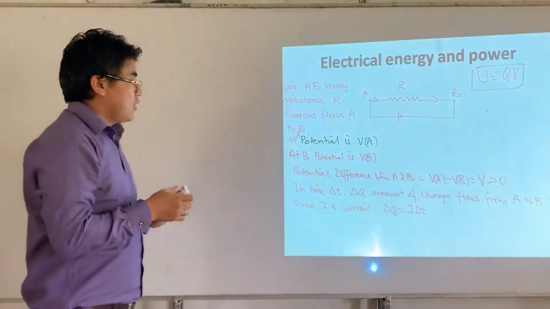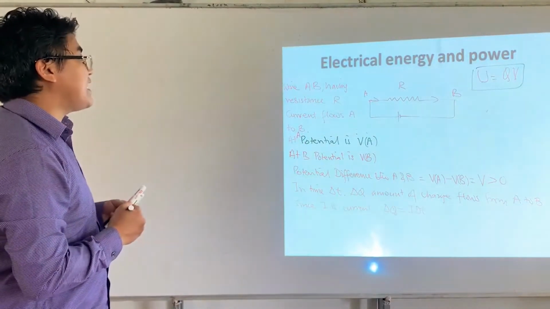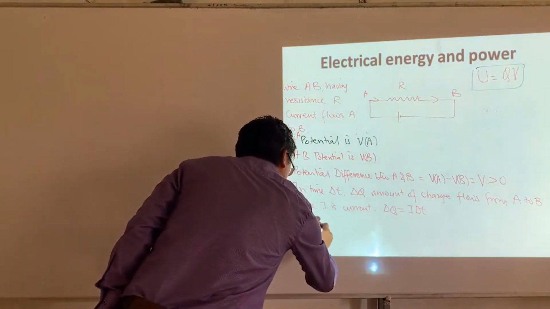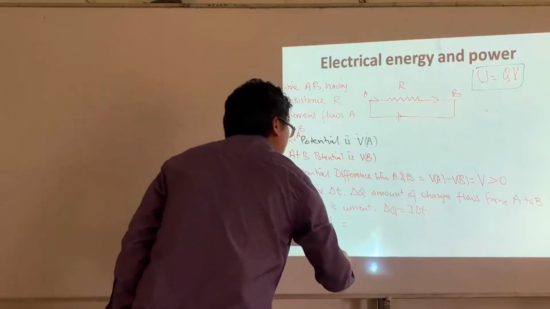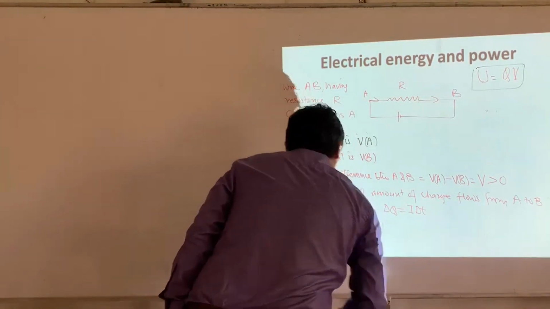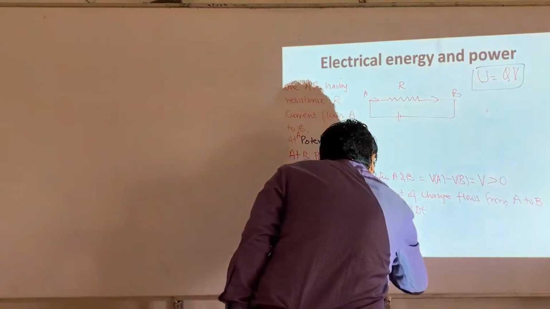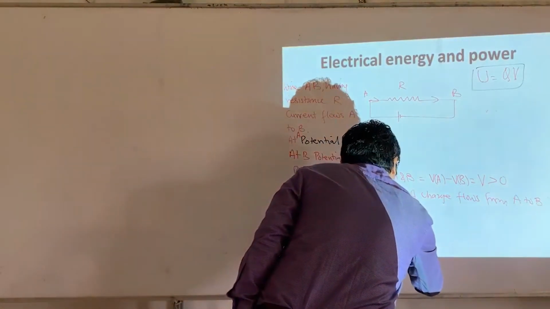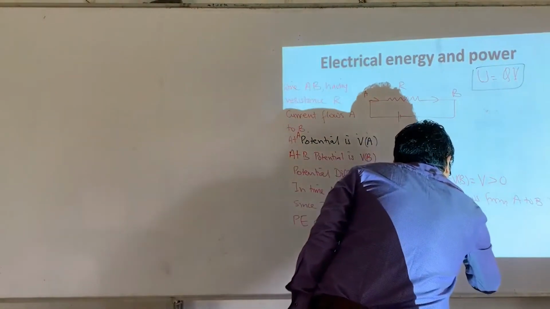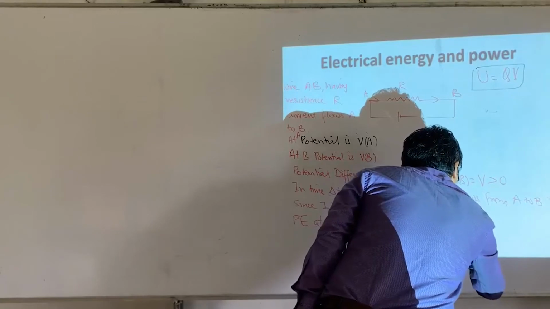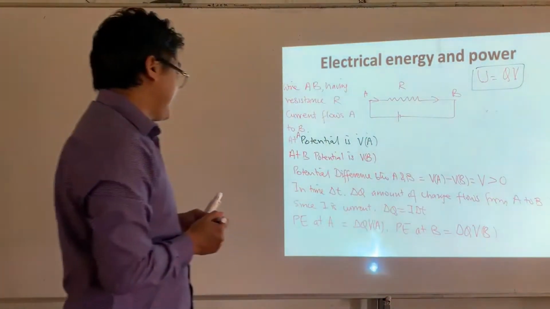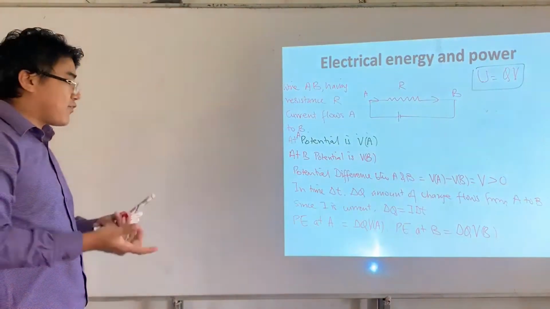So the potential energy at A is delta Q times V of A, and the potential energy at B is delta Q times V of B.